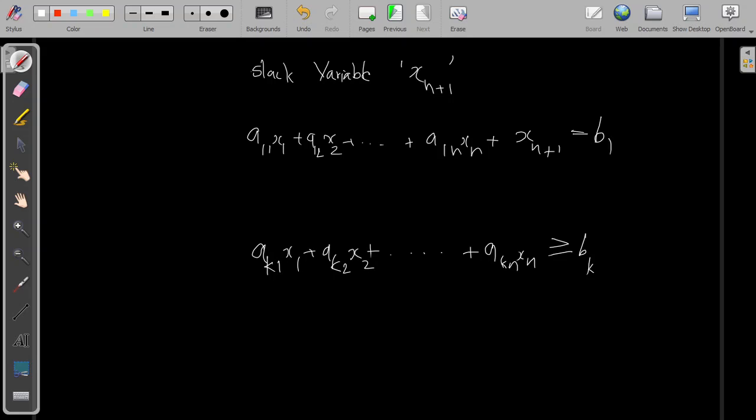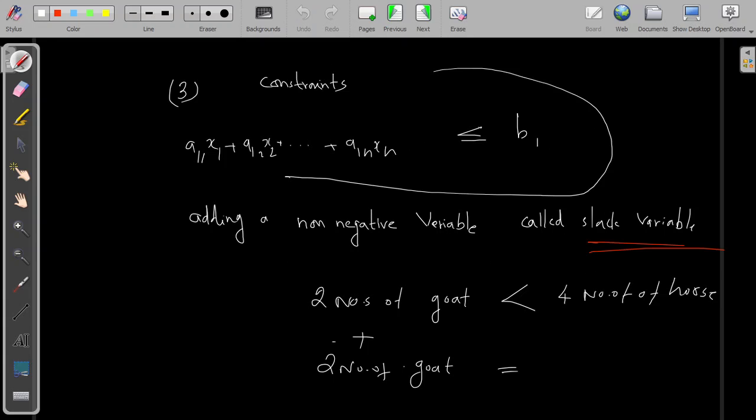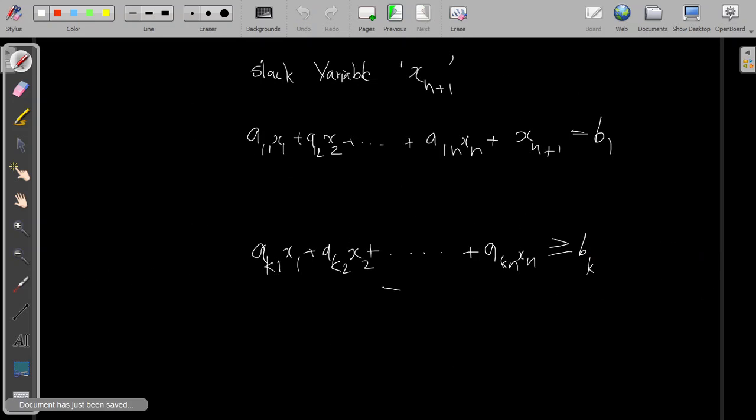Let us go back to our previous example, two numbers of God less than four number of forces. Suppose this case appears like this: six numbers of God greater than three numbers of force. This is same as our inequality constraint, right?